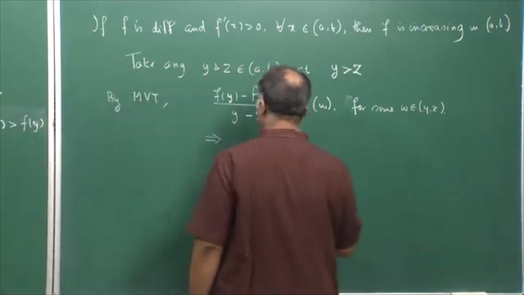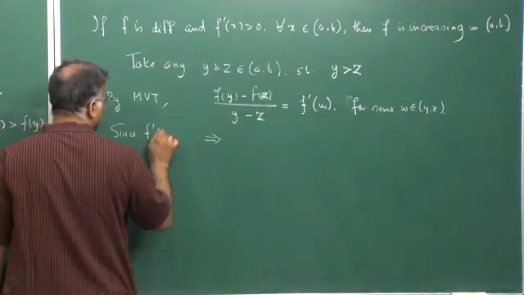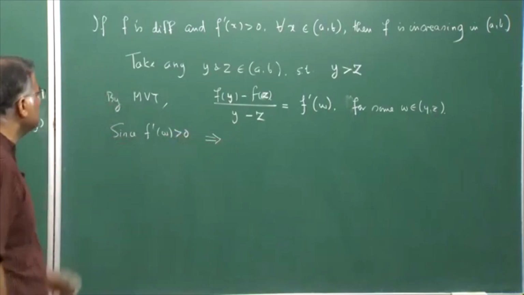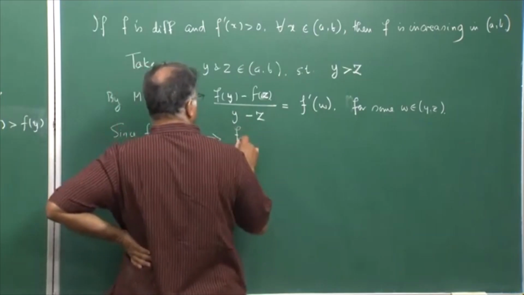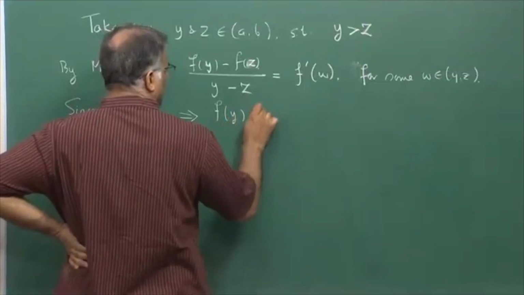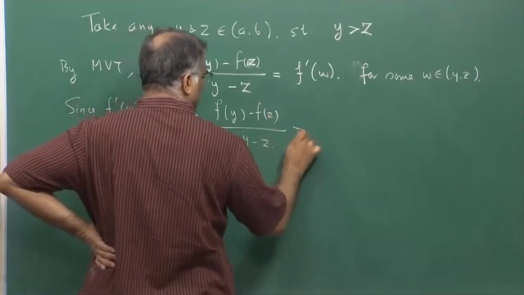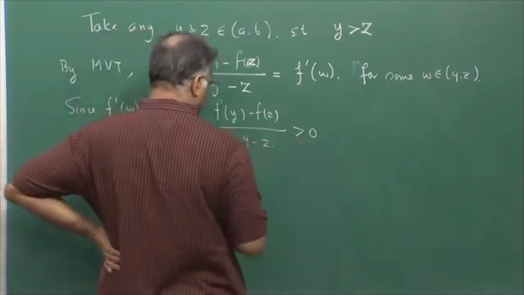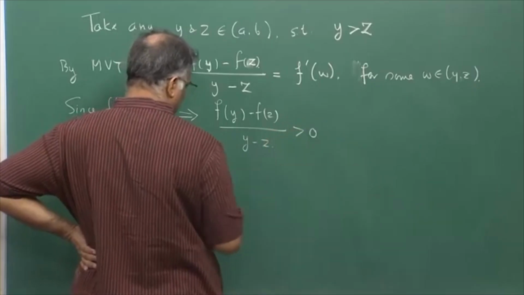Since f dash w is strictly bigger than 0, it simply implies that (f(y) minus f(z)) by (y minus z) is strictly bigger than 0. Now you multiply both sides by y minus z, which is strictly bigger than 0, so the inequality does not change.